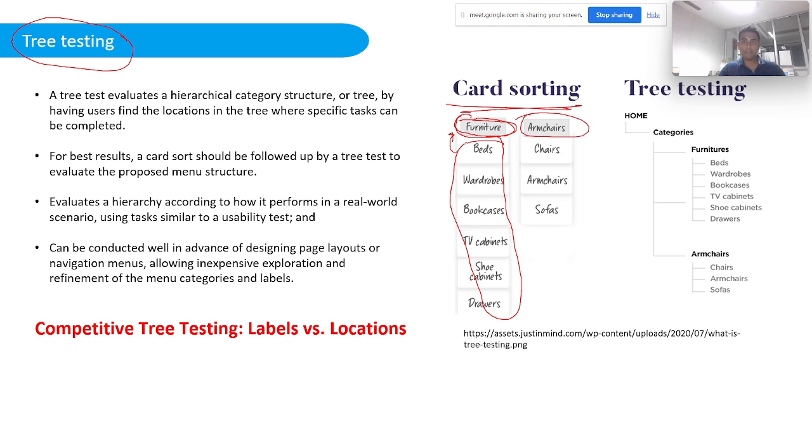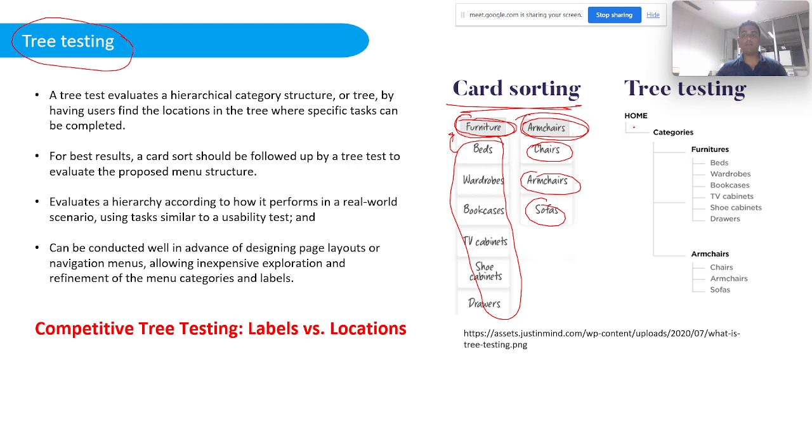You can see there are two labels here. One is furniture, which comprises beds, wardrobes, bookcases. So probably it's a website where you can identify various furniture. Then there are armchairs. Under armchairs there are chairs, armchairs, sofas. Now this is the card sorting, but later a designer needs to include these under certain higher categories.